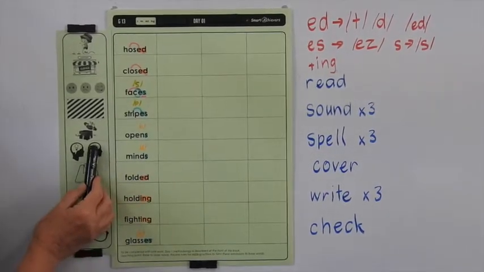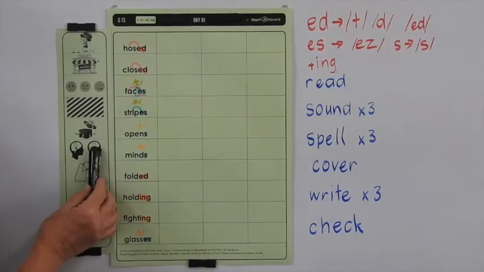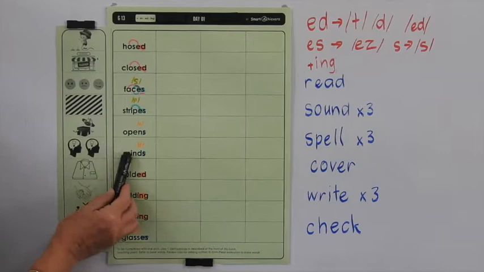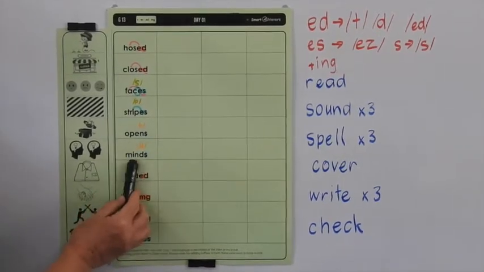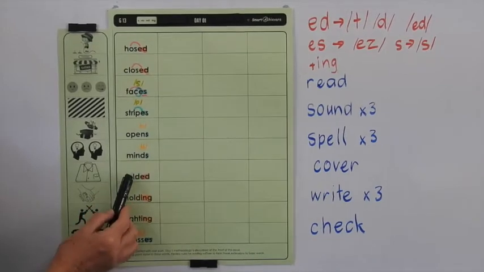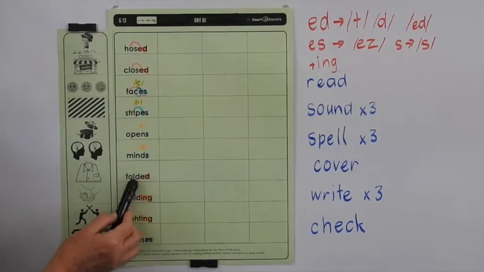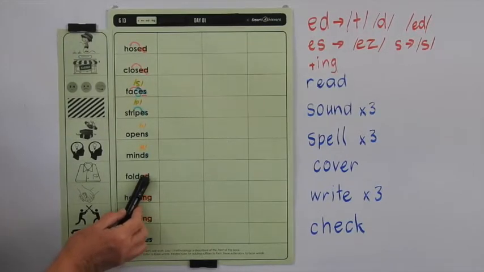Minds means more than one. It could be a noun, as in your brain that you think with, and it could also be a verb in that the babysitter minds the children when the parents go out. So it could also be a verb. Folded means you've already done it.